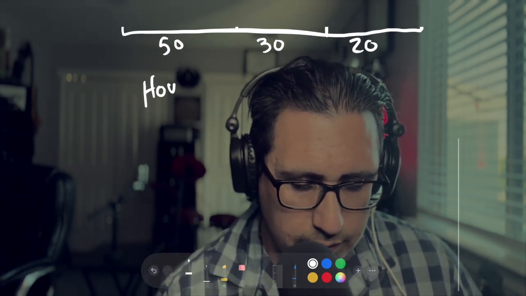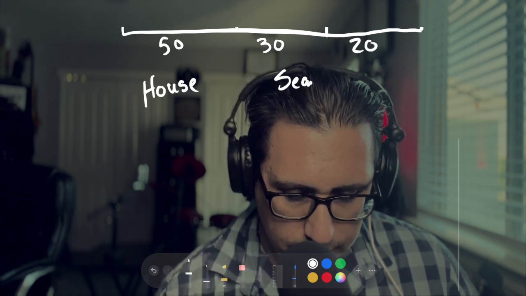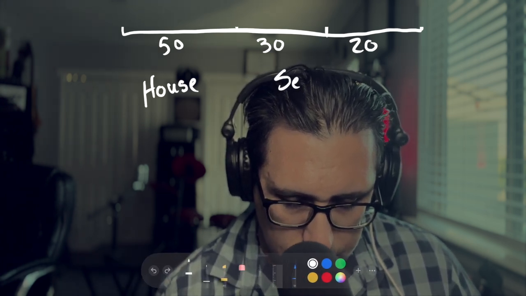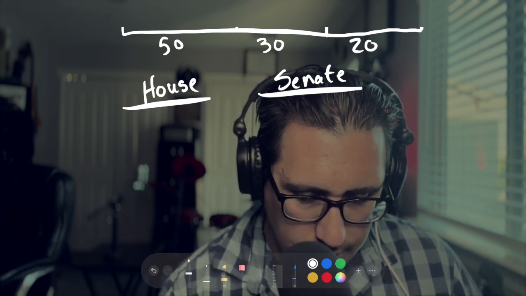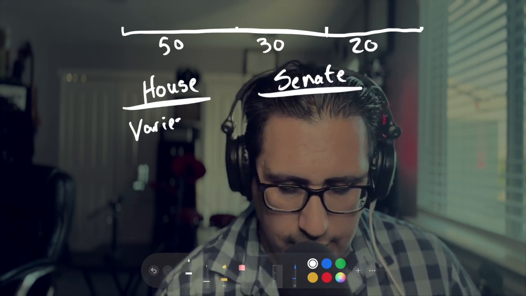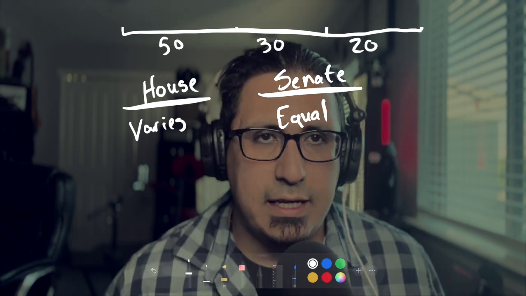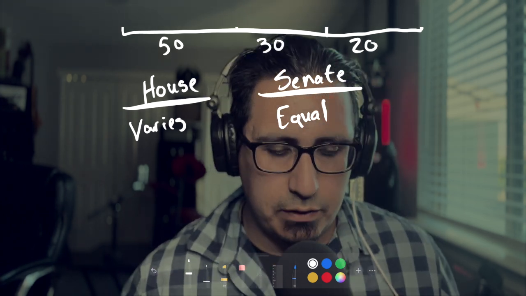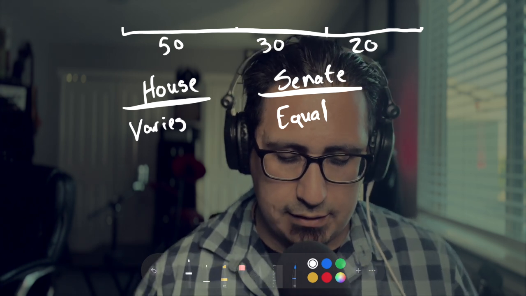House and Senate, varies and equal. And so these are how they calculate the Electoral College votes. It's how many House representatives it has plus the senators.